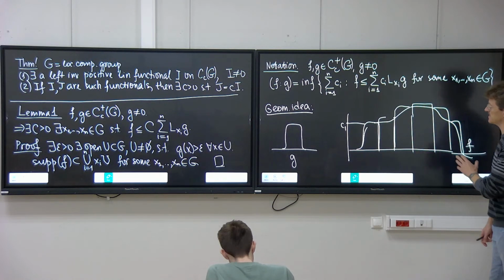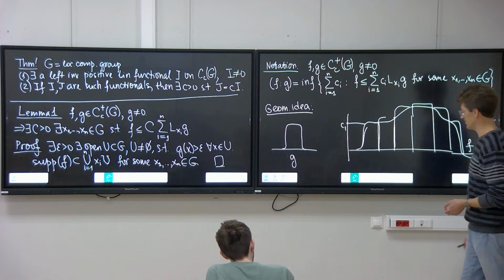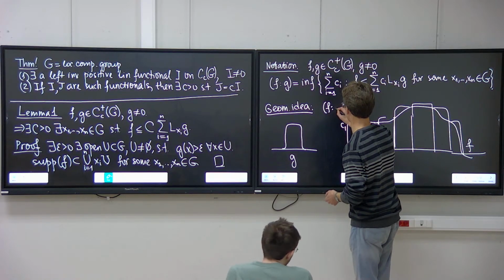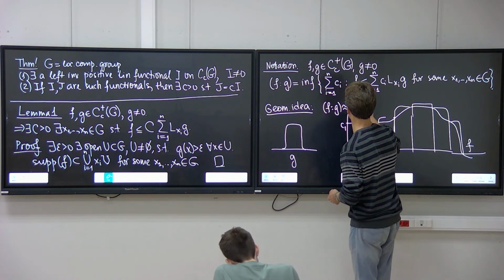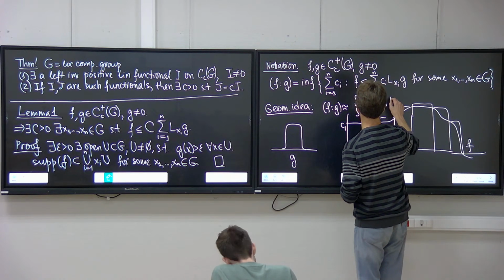So this is an approximation to the Riemann integral of f, assuming that the integral of g is 1. So in a general case, this number is something like the integral of f over the integral of g, at least on the real line.